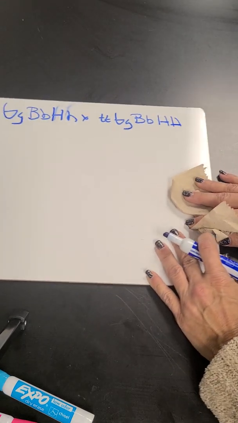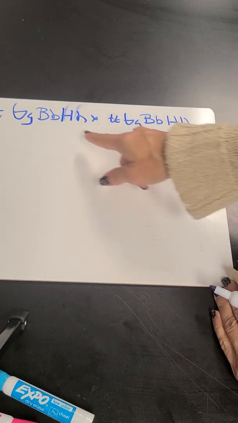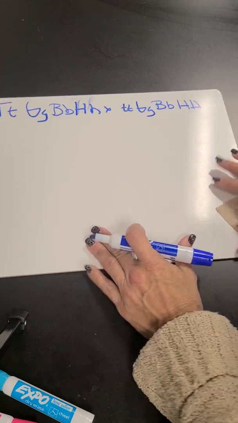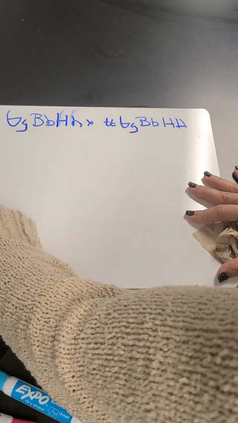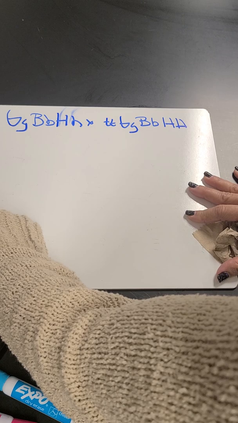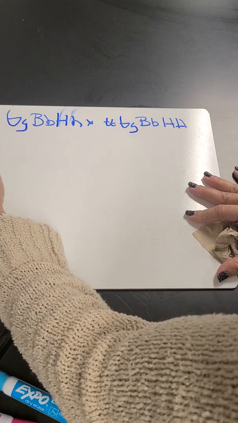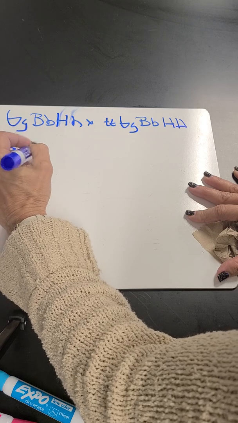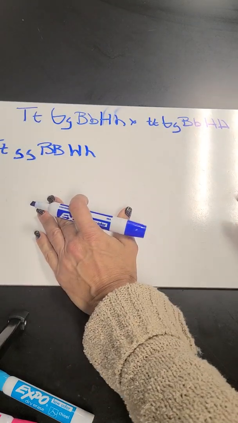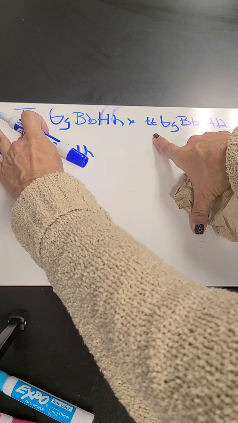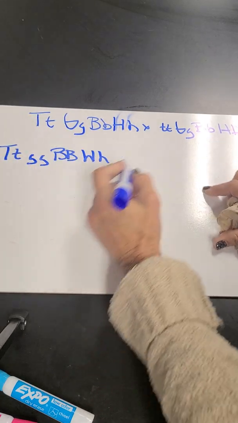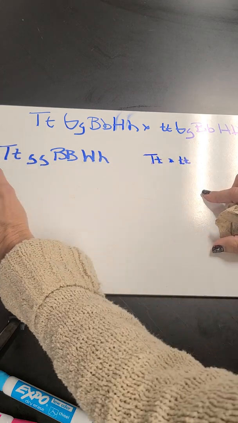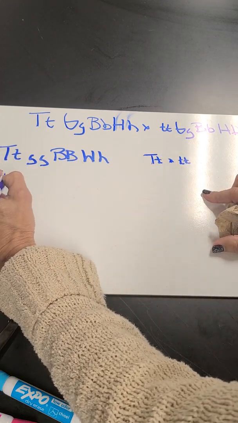Okay, and so now I would do the same thing, but now I've added a 4th genotype. So then I would have 4 numbers to compare. So if I wanted to do big T, little g, big B, big H, little h. So just from experience, I can tell you the big T, little t cross, the chance of getting that is going to be 1/2.